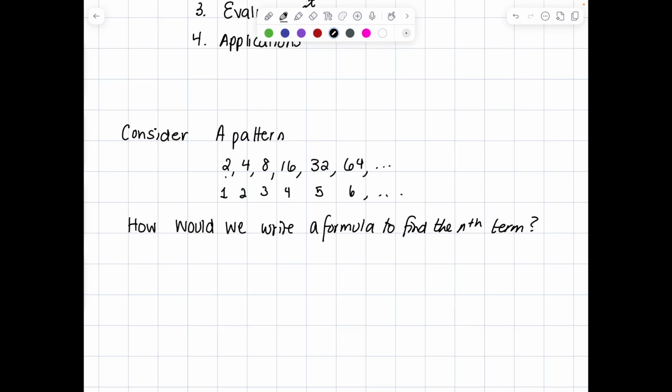They are just the normal positive integers. We want to figure out how these all map together, so we want to create a function. I'm going to call this f of x, where x is going to be that 1, 2, 3, and so on. We want to cook up something that represents the outputs that we're getting, which are our y values.